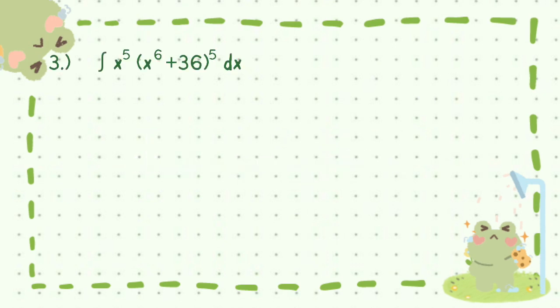For example number 3, the given is the integral of x to the 5th times (x to the 6 plus 36) raised to 5 dx. First, we get the value of u, which is x to the 6 plus 36.